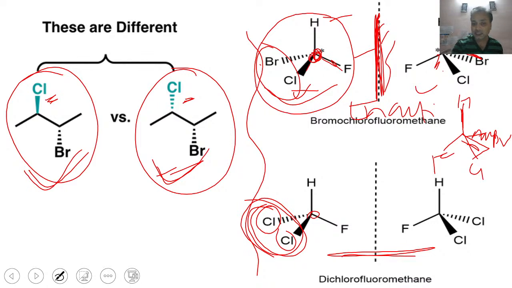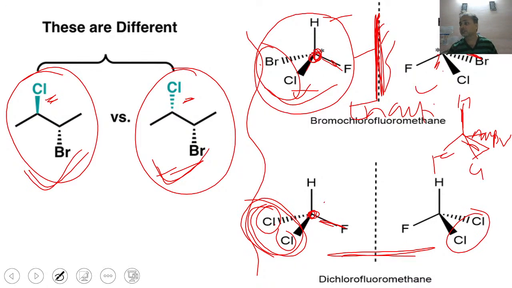So this carbon is a symmetric carbon. Why? Two places have chlorine. If you take this compound and put it on this compound, the fluorine is on the plane, one chlorine is above the plane and the second chlorine is below the plane. But you cannot differentiate which chlorine is above and which is below.